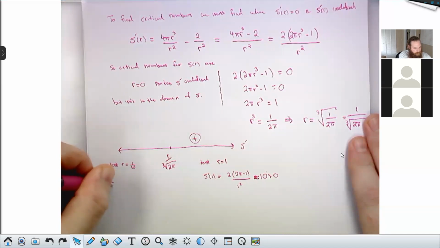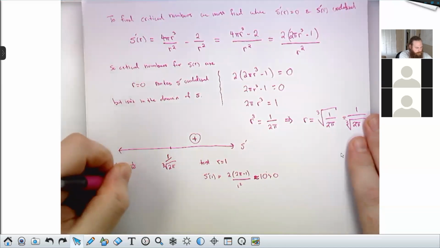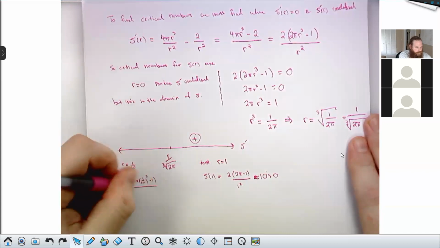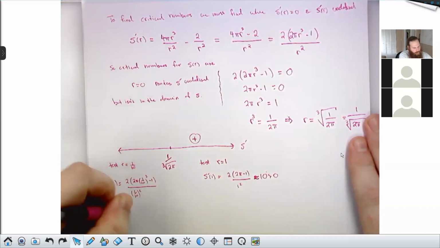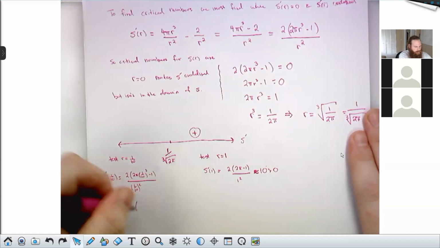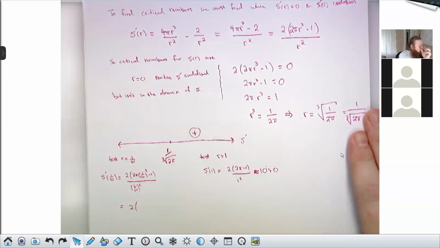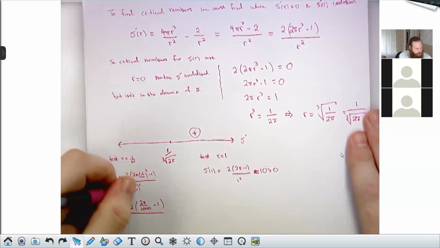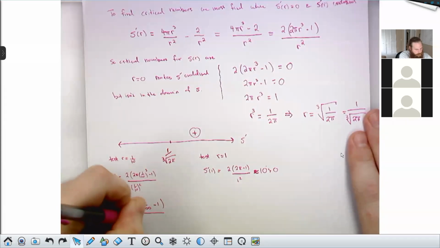S primed of 1/10 would be 2 times 2 pi times 1/10 cubed minus 1 all over 1/10 squared, which is 2 times 2 pi times 1/10 cubed. 1/10 cubed is 1/1000, 10 times 10 times 10. So that's 2 pi over 1000 minus 1 all over 1/10 squared, which is 1 over 100.